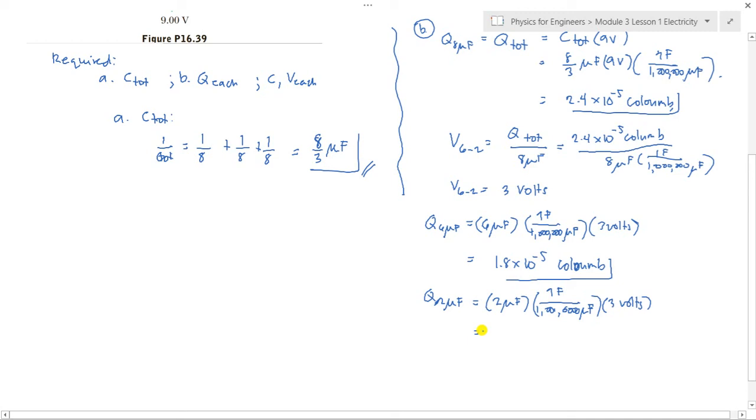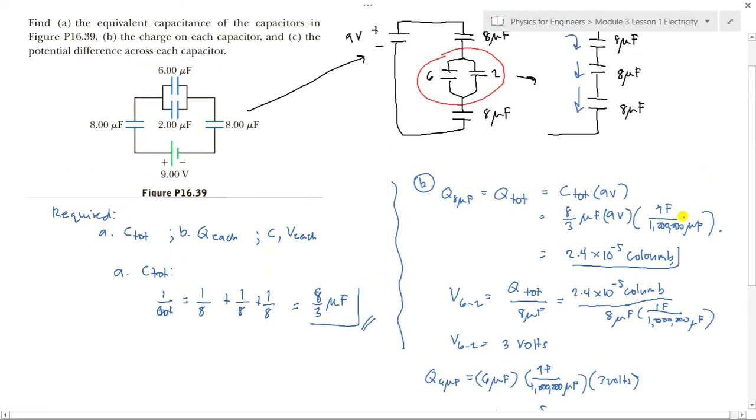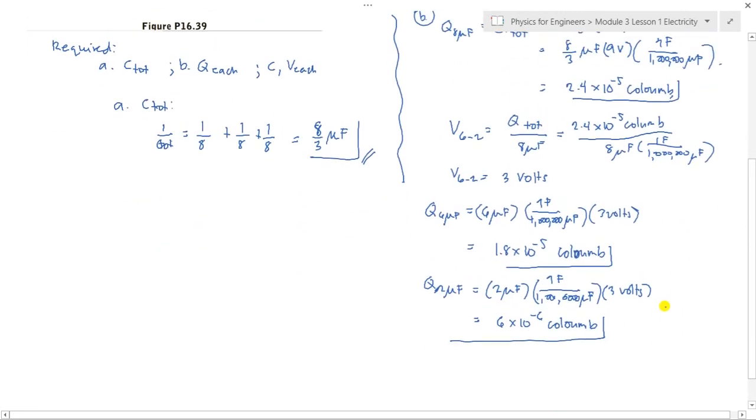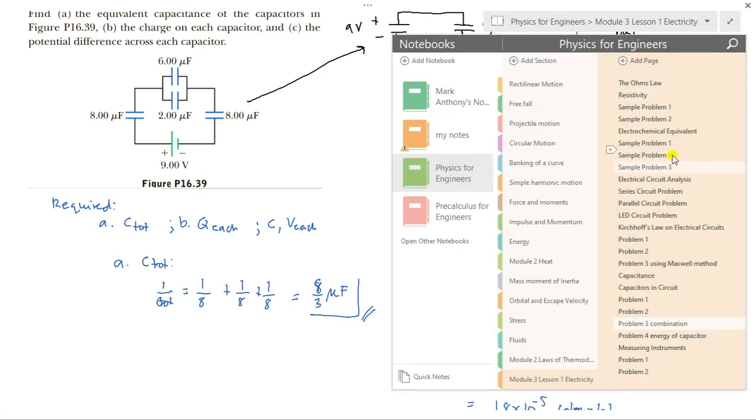Therefore this one is equal to 2 times 3, 6, so this would be equal to 6 times 10 to the power of negative 6 coulomb. So that's it, class, the rest you can analyze. Okay, let's proceed to the next one.